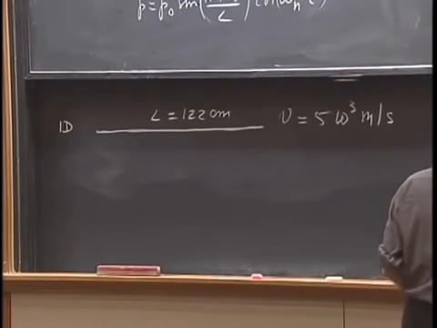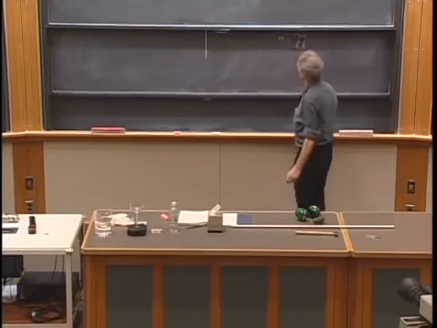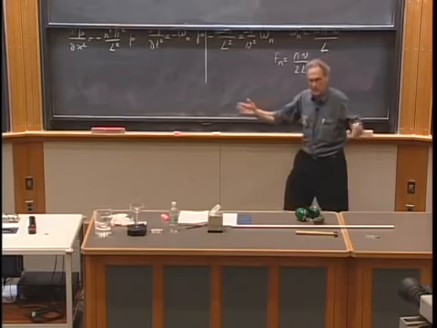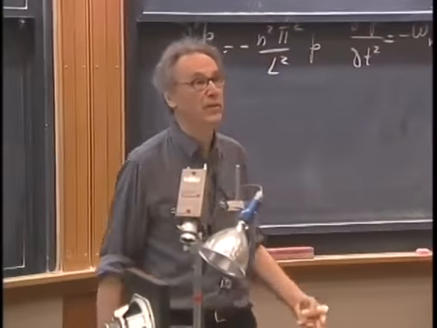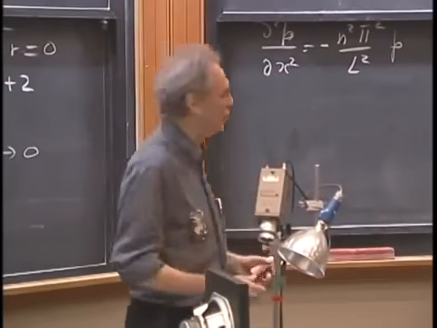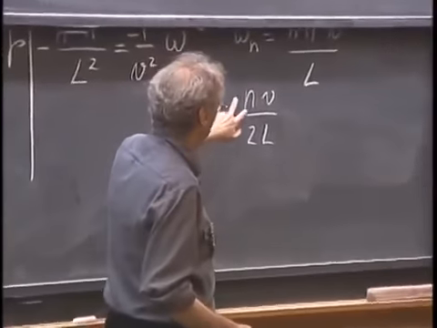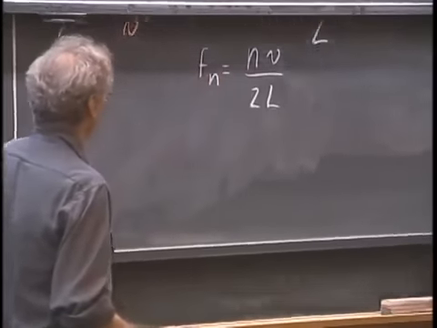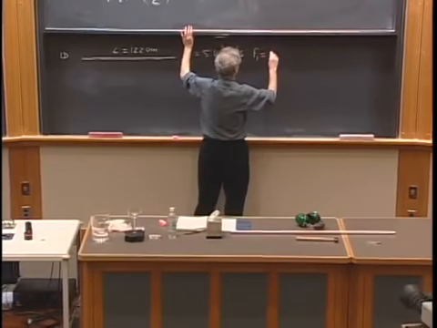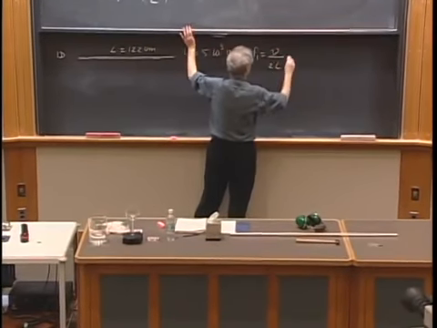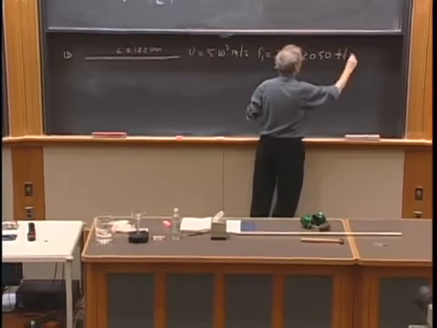When I hit that magnesium rod on the side, it wants to go into standing waves. It prefers the lowest mode. It almost always does, but it may also create second and third harmonics. And so the lowest frequency, F1, is V divided by 2L, which, when I calculate it, is about 2,050 Hertz.